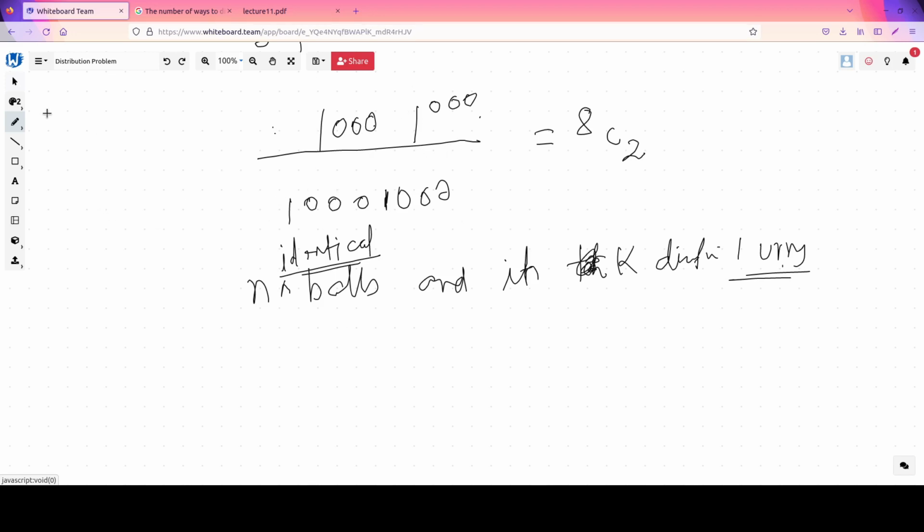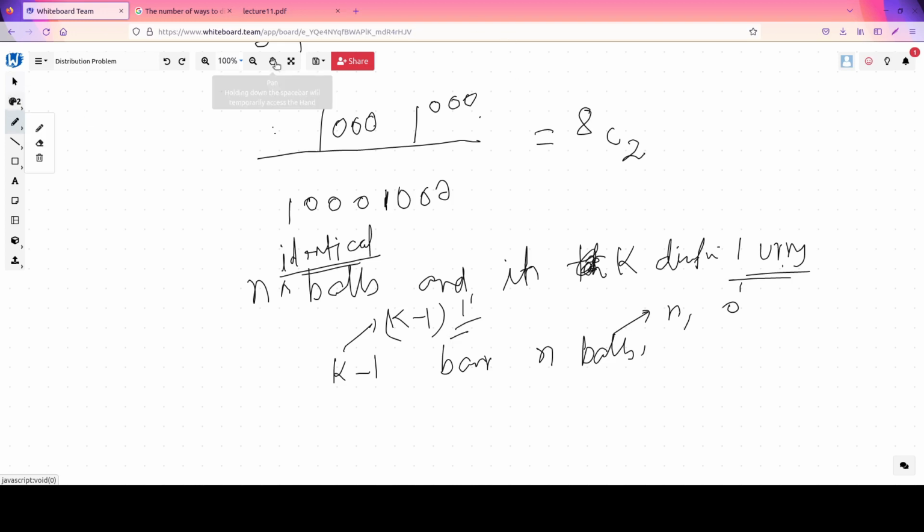So one bar less. So always there will be k minus 1 bars here, and we have n balls to distribute, which are n zeros, and this is k minus 1 ones, right? So you can easily see that.